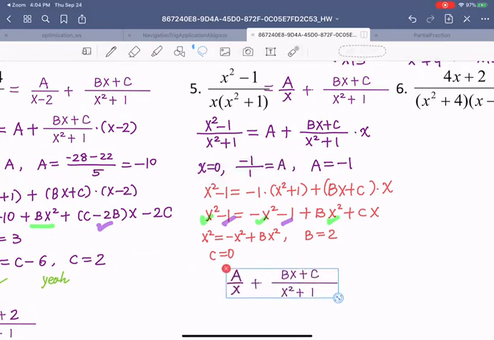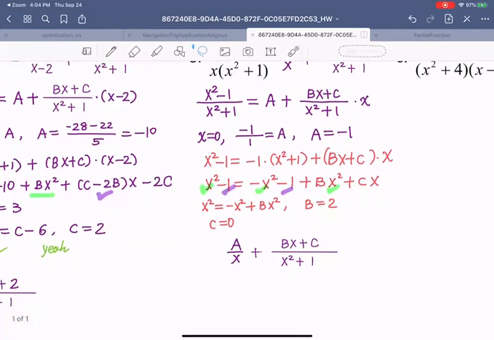So the final result is a is -1, B is 2, C is 0. That's it. Right? Okay. That's it.